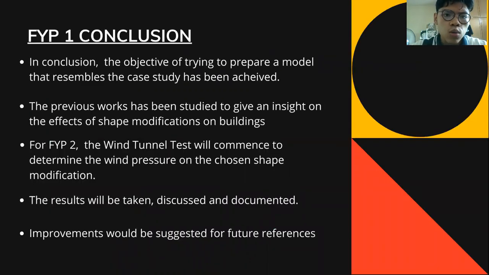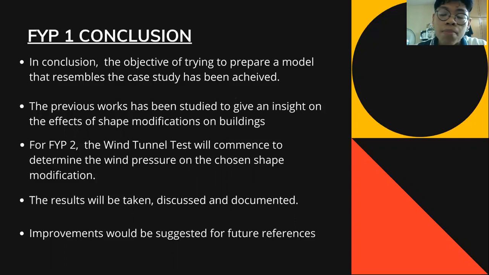So in conclusion, in this FYP1, I have achieved my objective of preparing a model that resembles the case study, which is the UMNO Tower's failure.